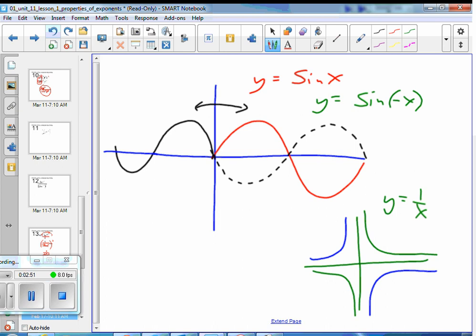Okay, so if you ever are asked to do sine of negative x, it's the exact same thing as negative sine of x. You put a negative in the front or you put a negative in there, it comes out the same. Not the same as original sine. The original sine is in red here.